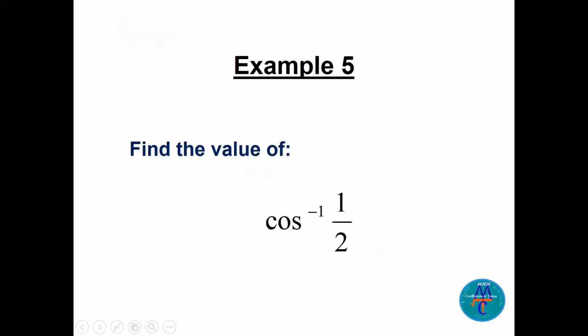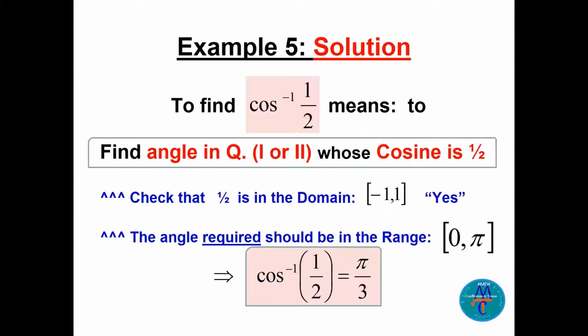Let's see cosine inverse of half. So you have to find the angle. You have to tell me the angle. It should be in your memory from the table. The angle whose cosine is the half. Since half is positive, so it is in quadrant 1. So this is the meaning here. The question, find cosine inverse of half.